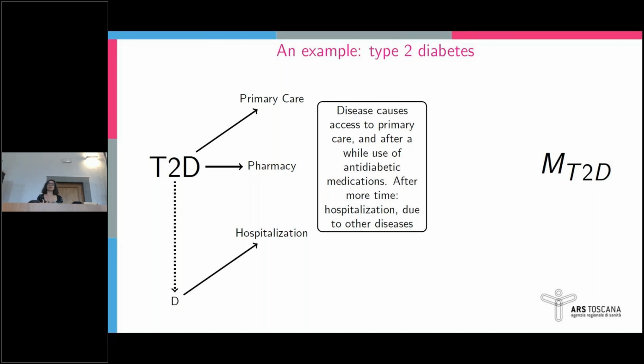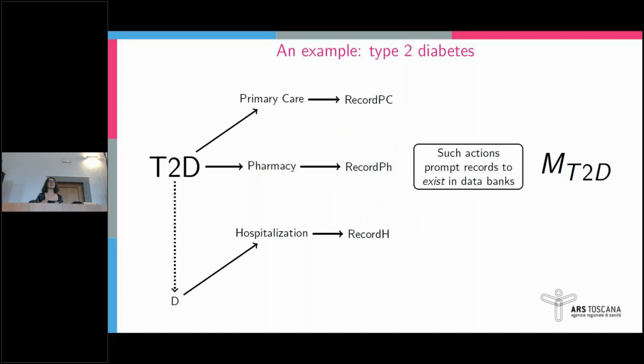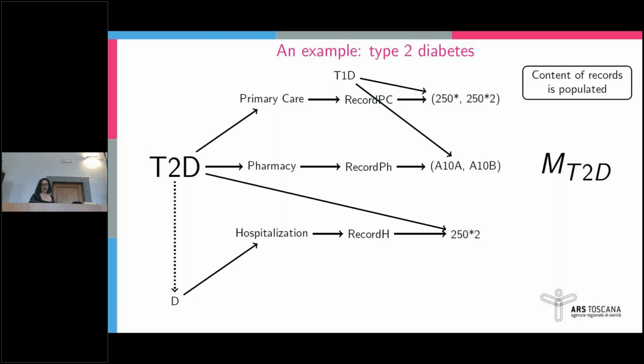So there are actions. Due to the fact that the disease exists, actions follow. The population activates actions. And this, in our world of real-world data, causes records to pop up, to be prompted into our data sources, right? This does not depend on the person or on the disease. This is something that exists for reasons that have nothing to do with us.